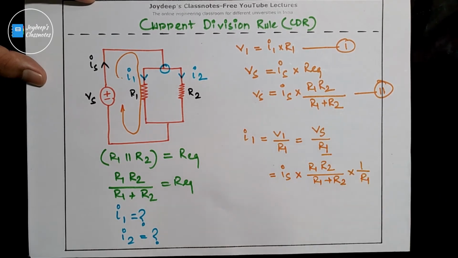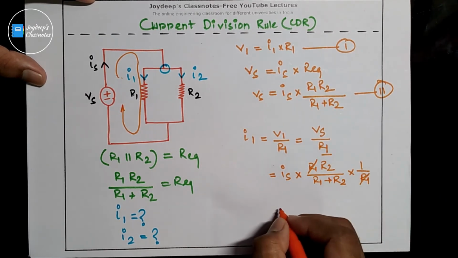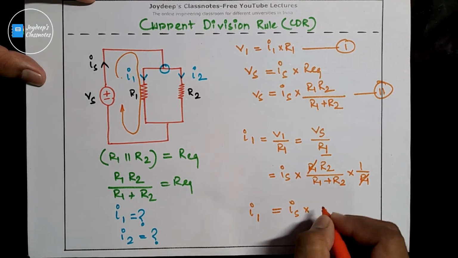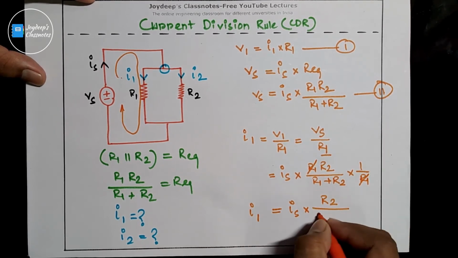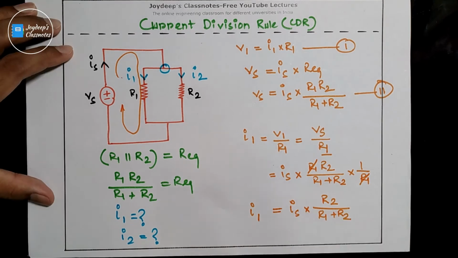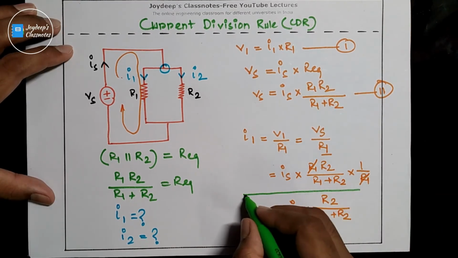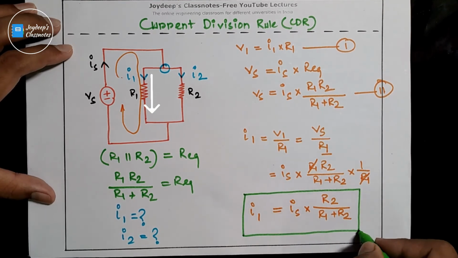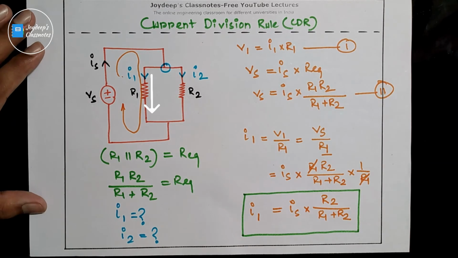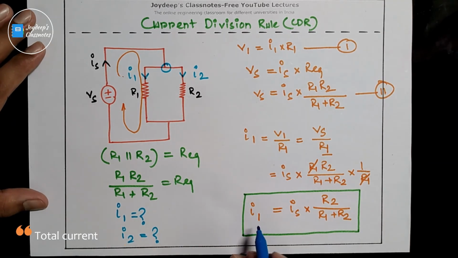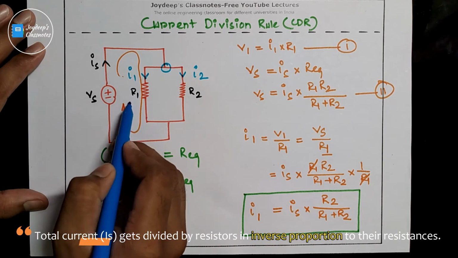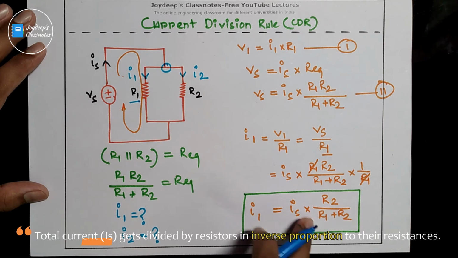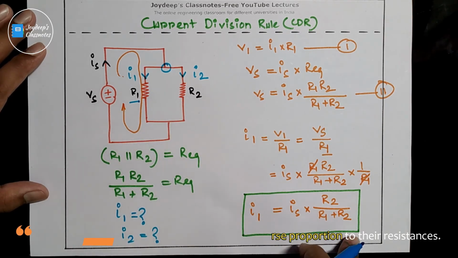So R1 gets cancelled, and your equation becomes I1 equals Is into R2 divided by R1 plus R2. So that becomes the current passing through this R1 resistor, right? The current passing through R1 is equal to the source current, Is, multiplied by the other resistance divided by the sum of the two resistances.